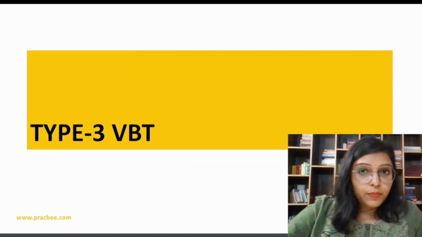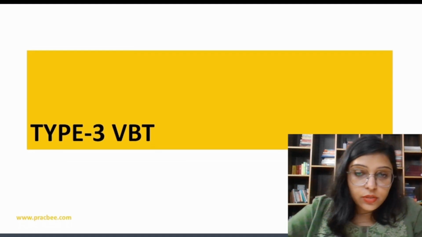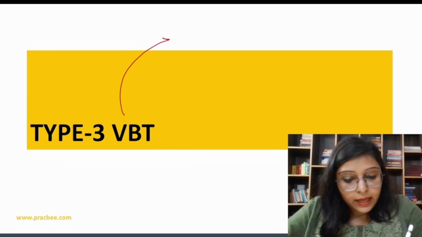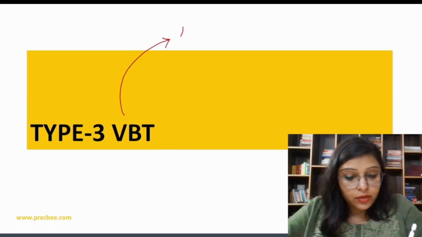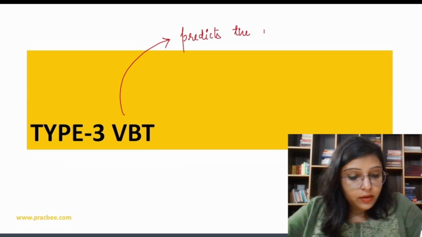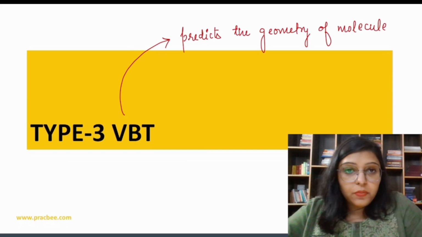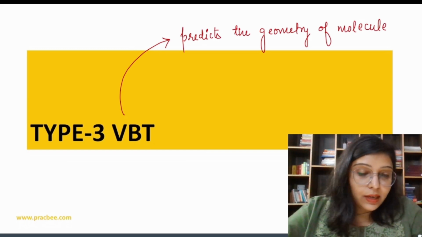Okay, now let's do the next type of questions. The next type of questions are completely based on the VBT concept. VBT predicts the geometry of the molecule. So here we are going to talk about the hybridization of the metal ion.